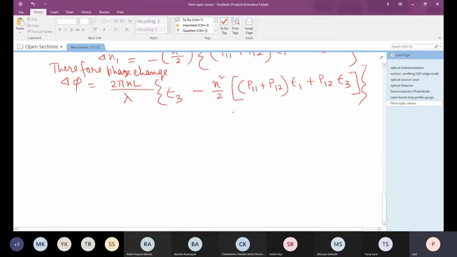So basically this part is change in length, and this part is change in refractive index.